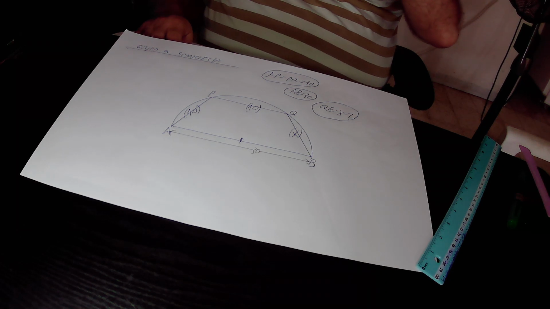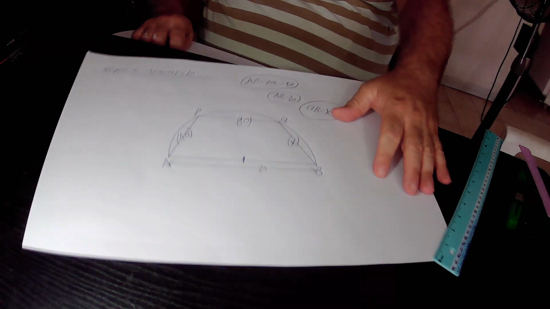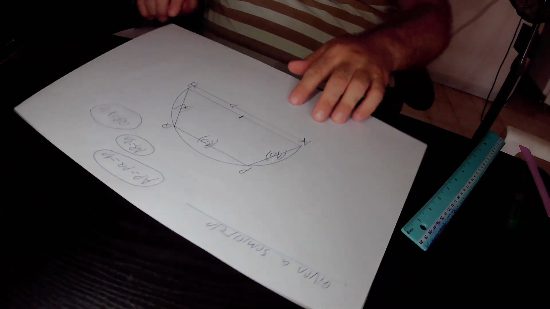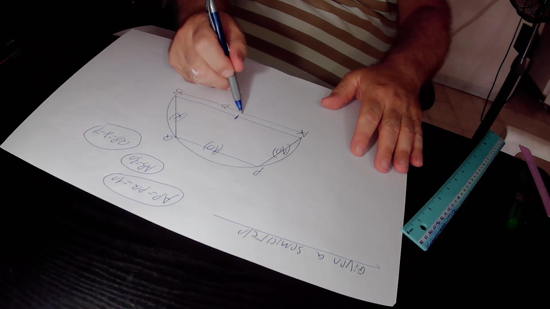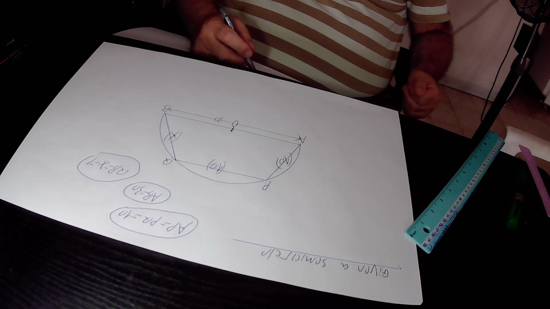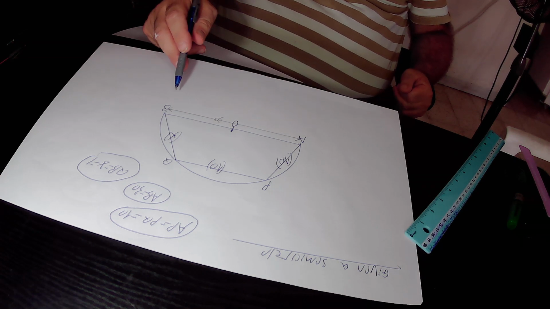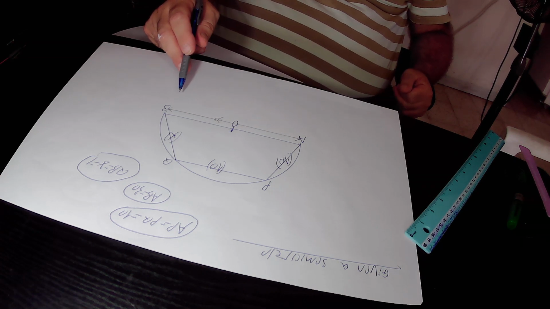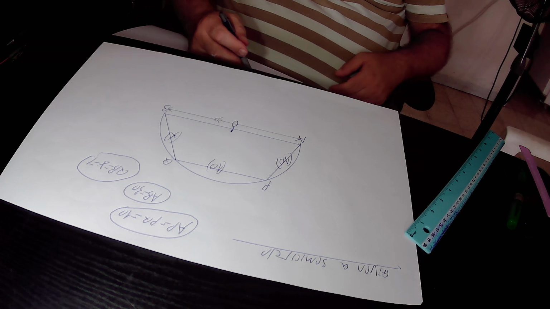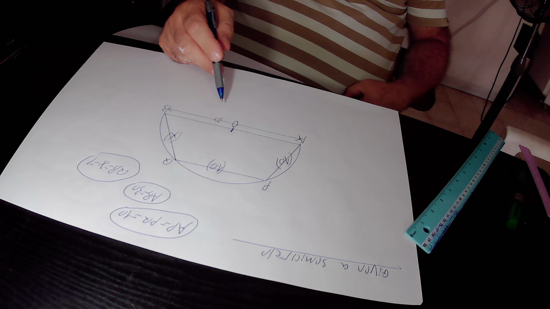In the first step, we will define the center of this semicircle. This point is point O. It is given in the question that the diameter of this semicircle AB is 30 units. If the diameter is 30 units, the radius must be half of it.